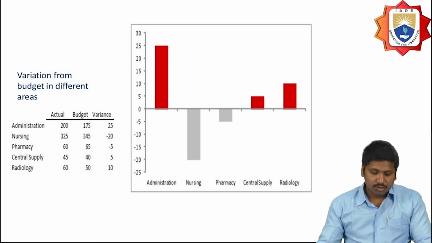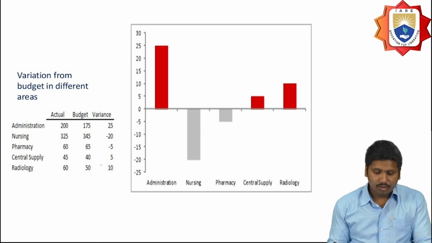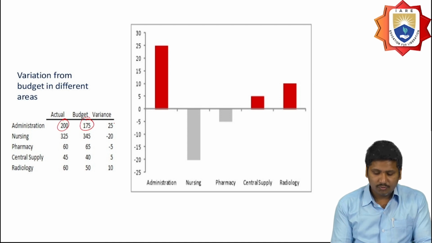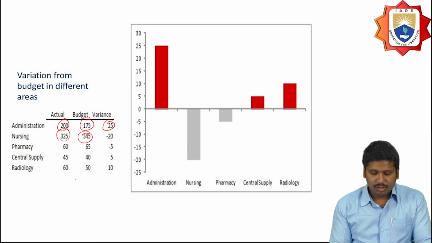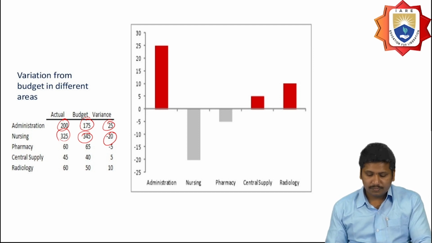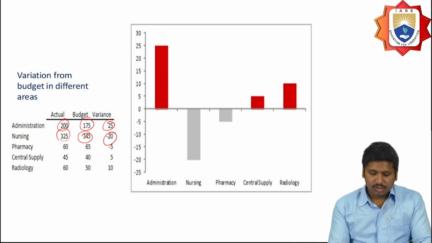See the example. This is the variation difference in different budgets in different areas. Administration 200 budget and variance is 25. For nursing, the actual one, the budgeted one, and the variance, how much difference. So I want to represent it. Suppose in administration, the difference is 25.